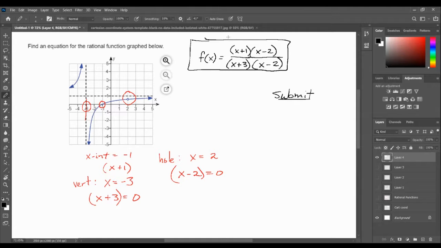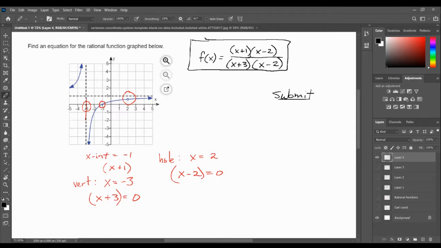And I wanted you to see this because it's not written in the chapter. It's more a question to check to make sure you understand the concepts of finding x-intercepts, vertical asymptotes, horizontal asymptotes, and any holes in the graph. So I wanted to share this with you so that you could see how we go backwards, just to show you that understanding the concept will allow you to create a function from a graph.